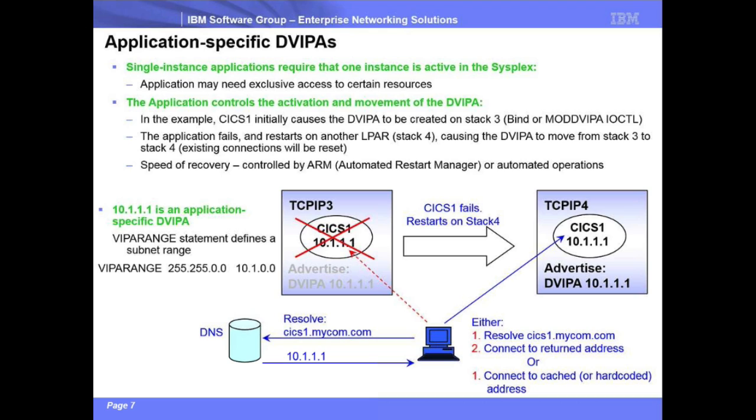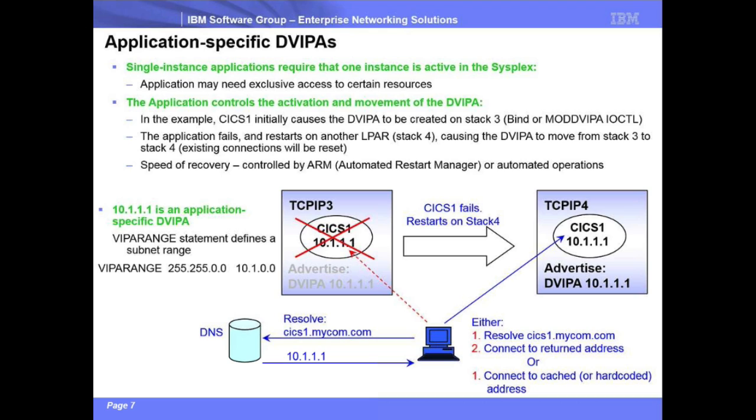If the application fails and it restarts on another LPAR, in this case stack 4, then as the application fails on TCP/IP3, the DVIPA is removed from stack 3 since the application is gone. Then as the application comes up on TCP/IP4, it would cause the DVIPA to be created, and now the DVIPA moves to stack 4.